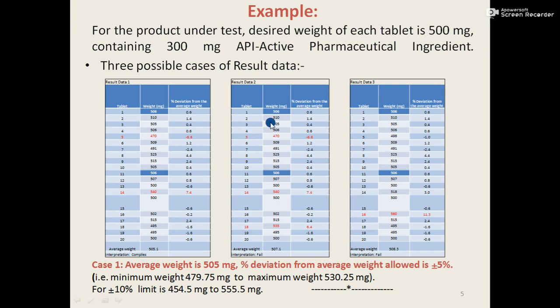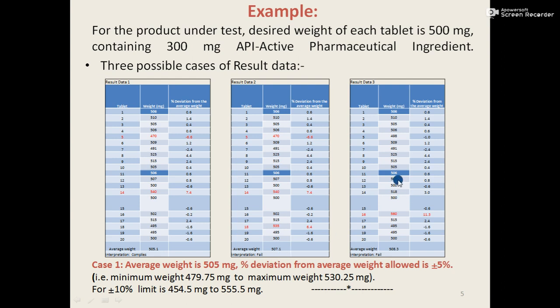Now if we refer to the data in table number 2, this data indicates that out of 20 tablets, there are 3 tablets which show deviation from the specified limit of plus or minus 5%. That is more than 2 tablets. So this indicates that the product fails to comply with the test.